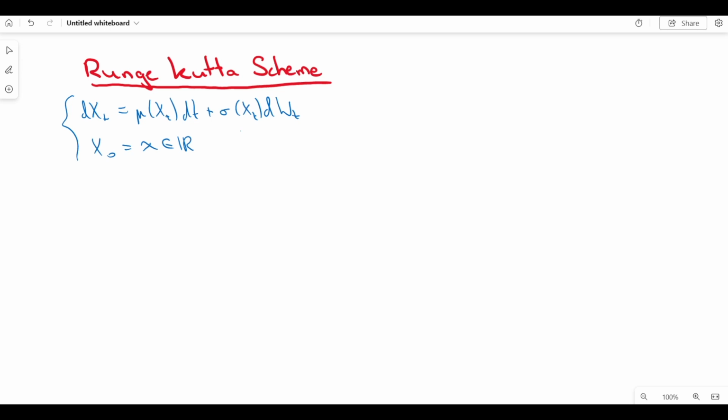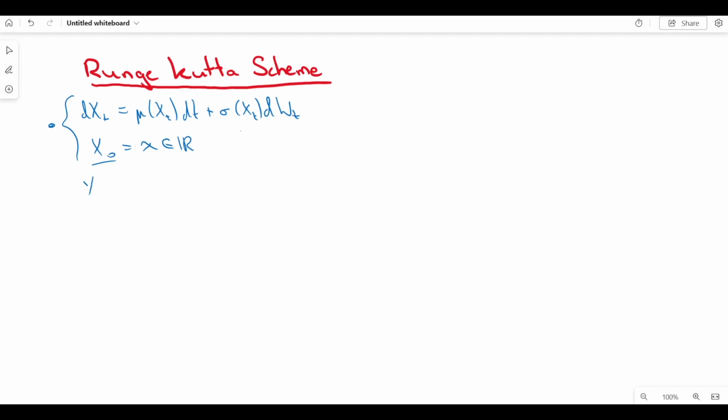Now that we've covered some of the basics, let's move on to another numerical scheme, the Runge-Kutta method. The setting here is the same. We'll be solving the one-dimensional, time-homogeneous SDE that you see on the screen, subject to the initial condition x0 equals x, where x is just a real number.